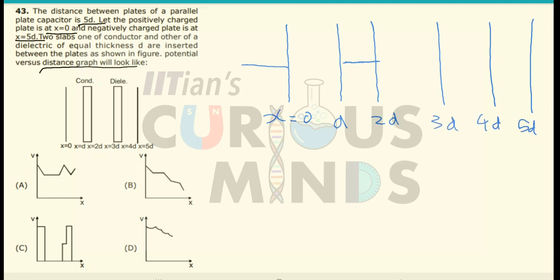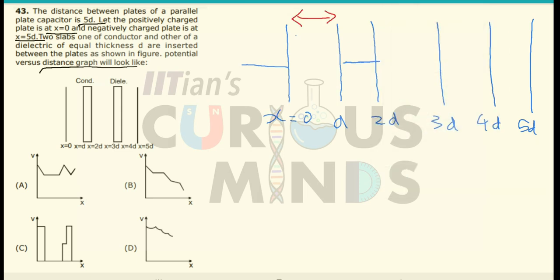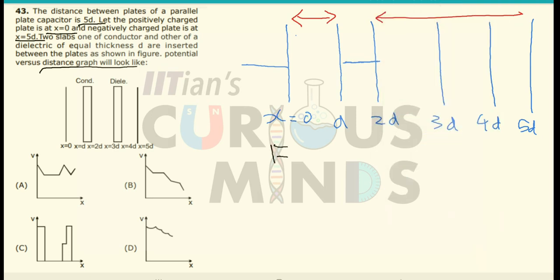So basically between the two plates I can divide it into two parts. This is the first capacitor and this is the second capacitor, because the center part is covered with dielectric. Using the formula E equals dV divided by dx, I can say dV equals E dx.